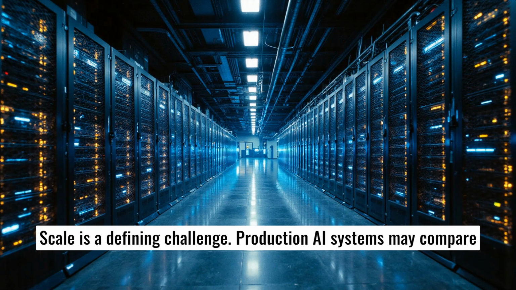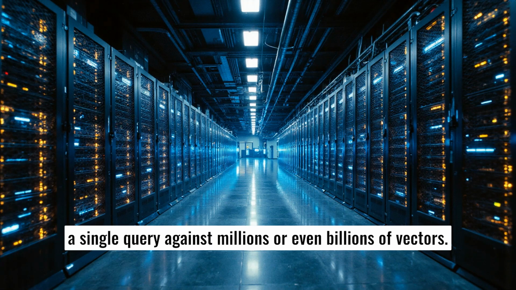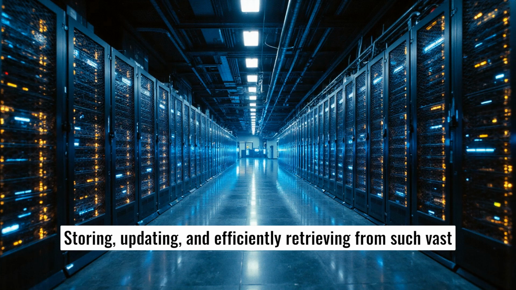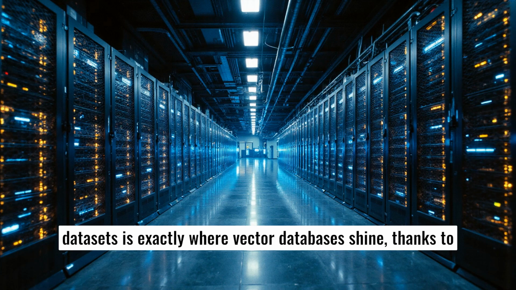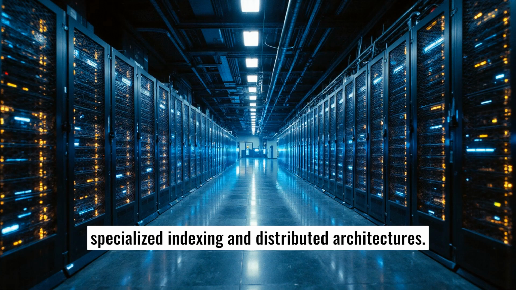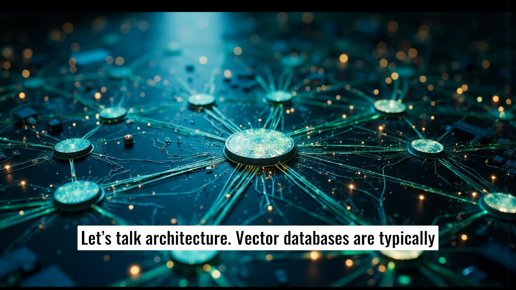Scale is a defining challenge. Production AI systems may compare a single query against millions or even billions of vectors. Storing, updating, and efficiently retrieving from such vast datasets is exactly where vector databases shine, thanks to specialized indexing and distributed architectures. Let's talk architecture.